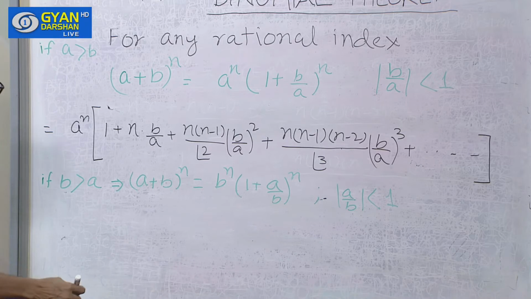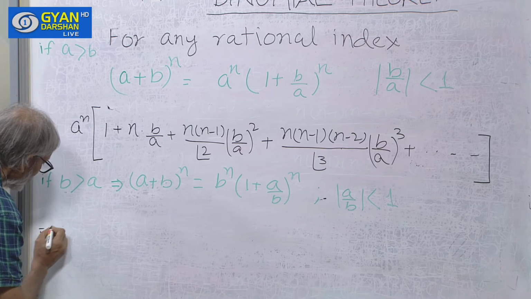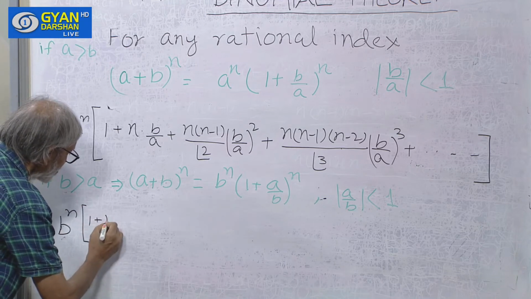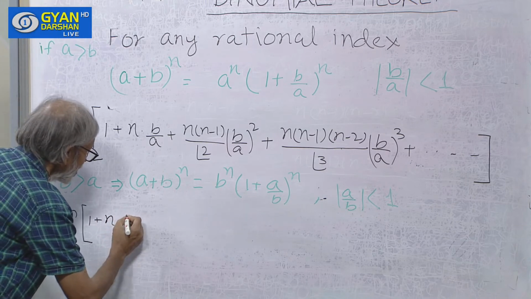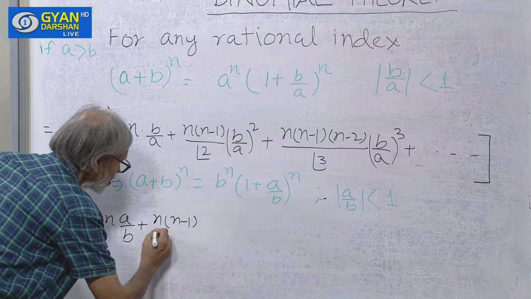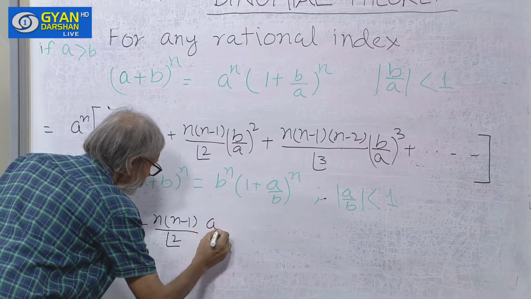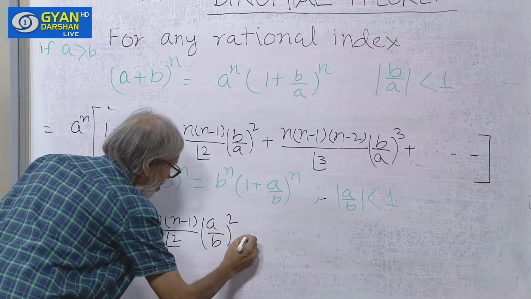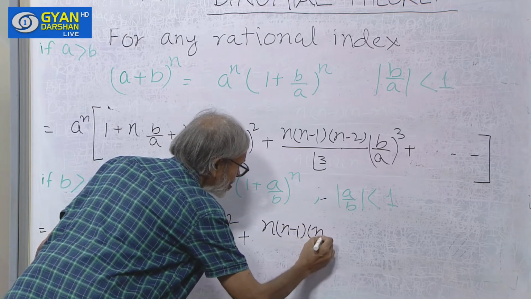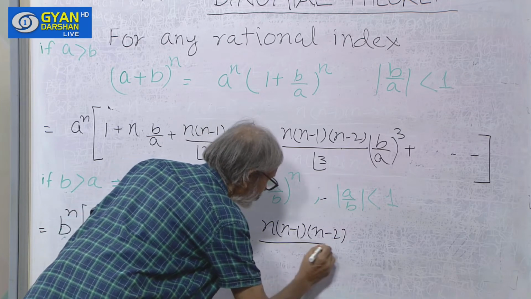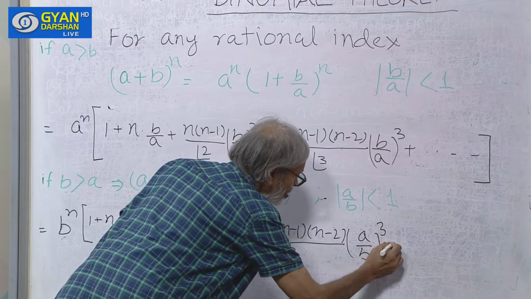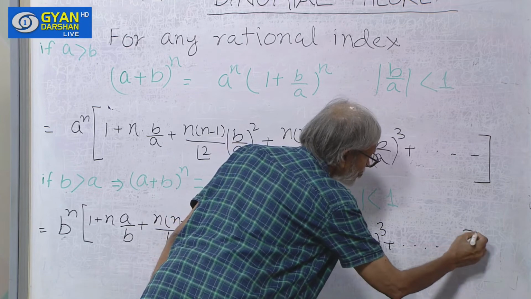So, similarly we can expand it. It will be equal to B^n, which we take outside, times 1 + n(A/B) + n(n-1)/2! (A/B)^2 + n(n-1)(n-2)/3! (A/B)^3, plus we can go on writing the terms.